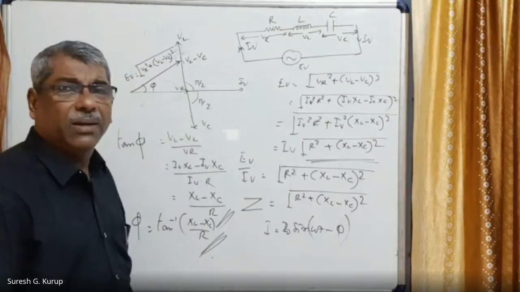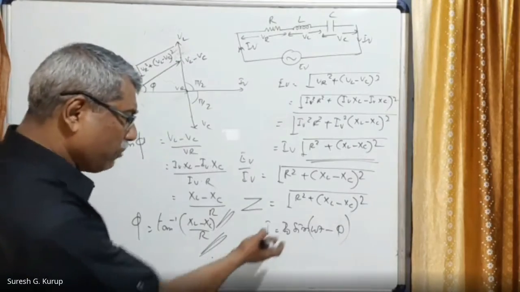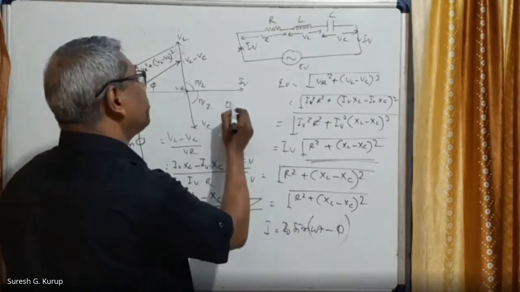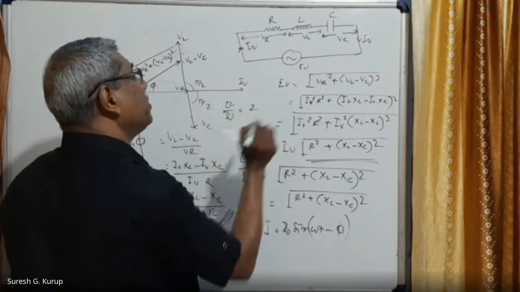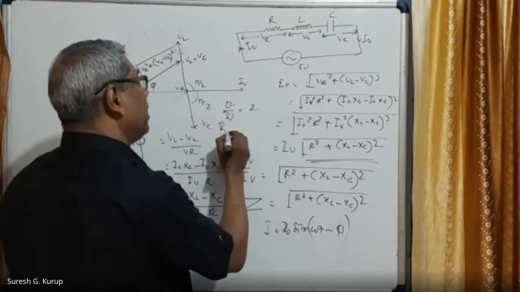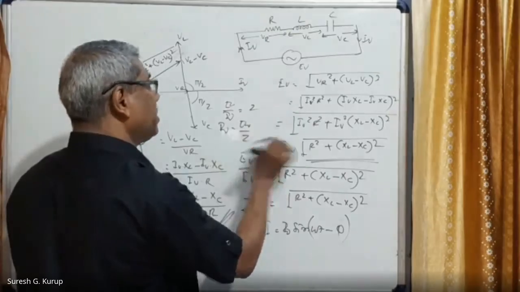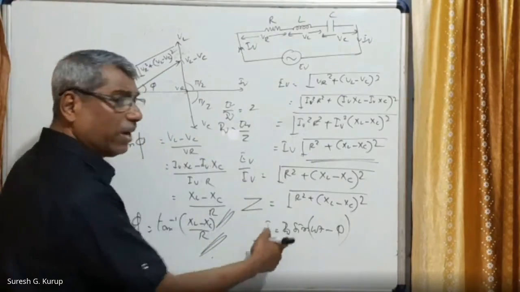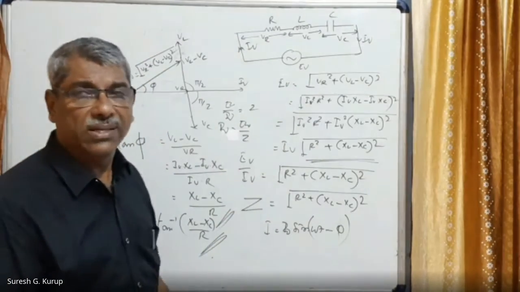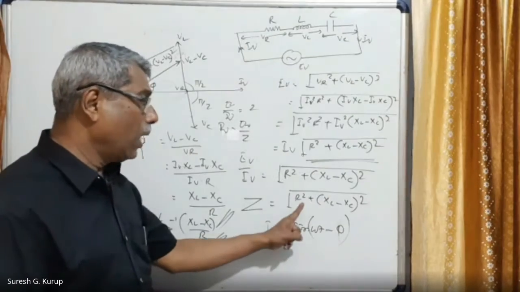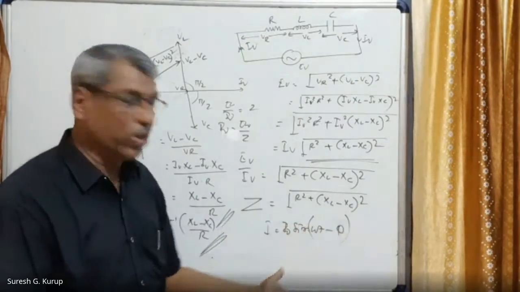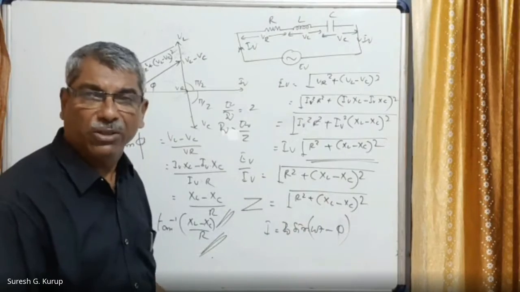Because E0 by I0 is equal to Z, therefore I0 is equal to E0 by Z. In place of I0 we can write E0 by Z, where Z is equal to the root of R square plus (XL minus XC) the whole square. The value of current can be obtained, right?